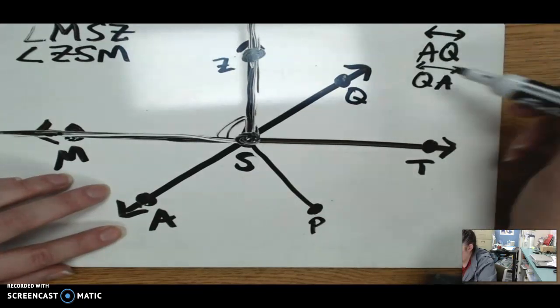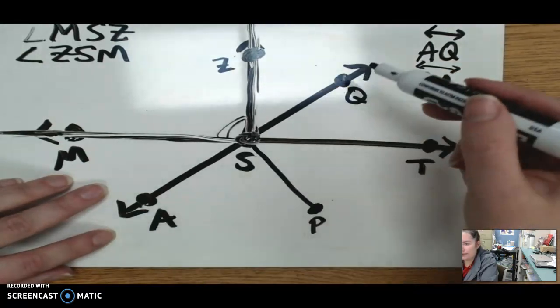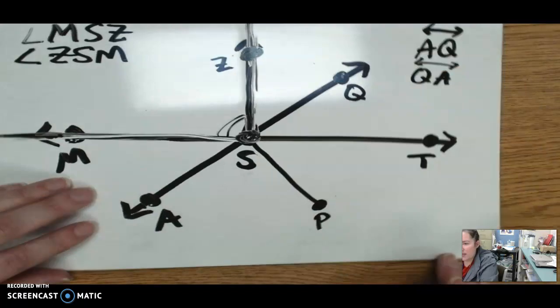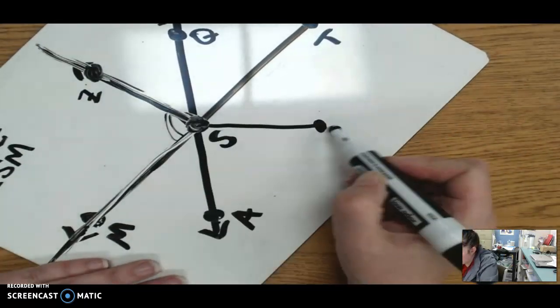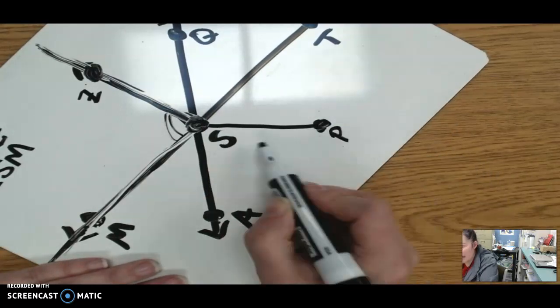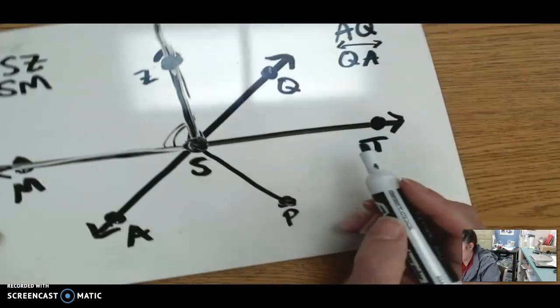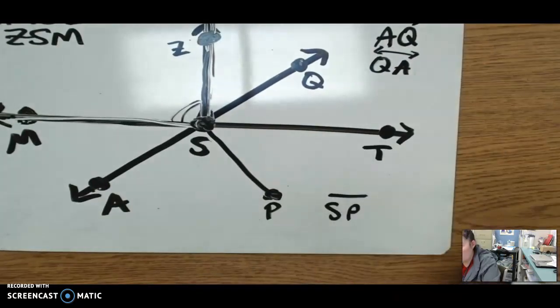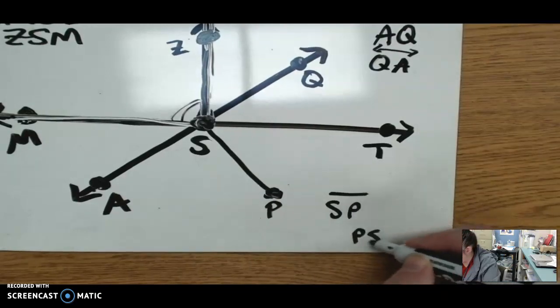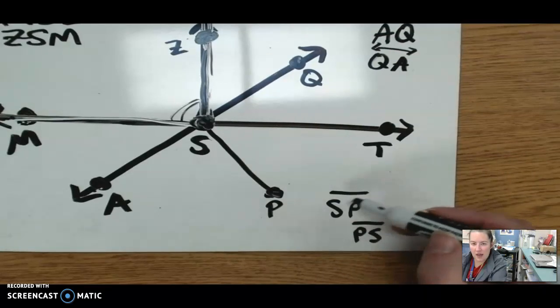So AQ or QA would be this line right here. All right, look at this right here. We have a line segment. Look, it starts with a point, ends with a point. SP or PS. So this line segment right here, I would say is SP, or you could write it as PS. And the line segment doesn't have arrows at the top.